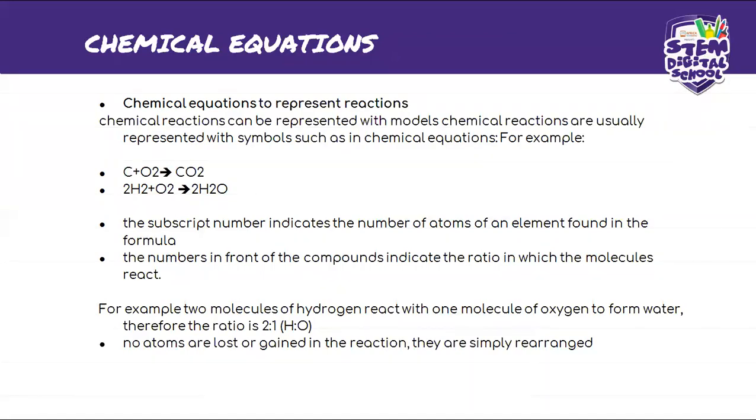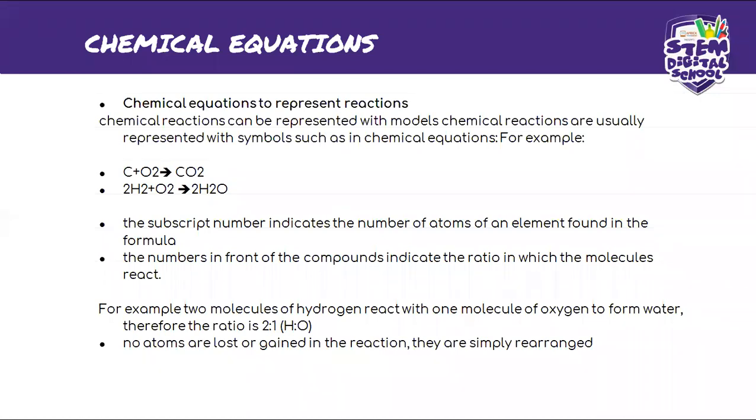The numbers in front of the compounds indicate the ratio in which the molecules react. Remember, I told you they are called coefficients. So for example, let me just explain this second bullet. It says the numbers in front of the compounds indicate the ratio in which the molecules react.